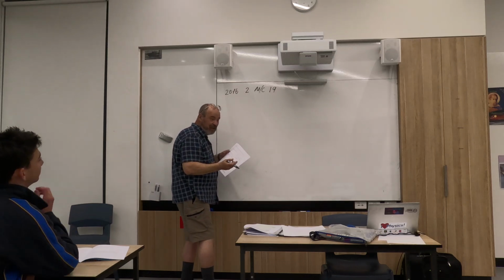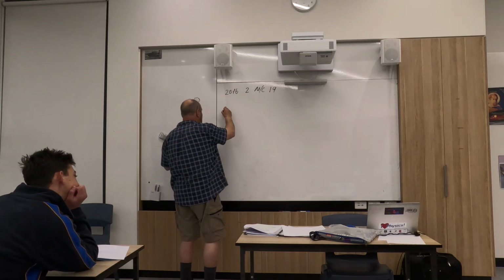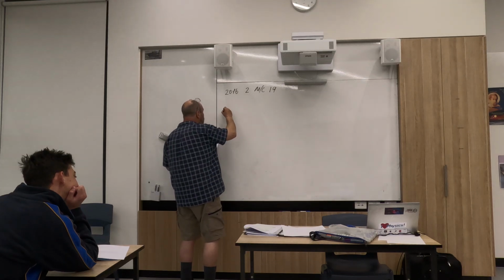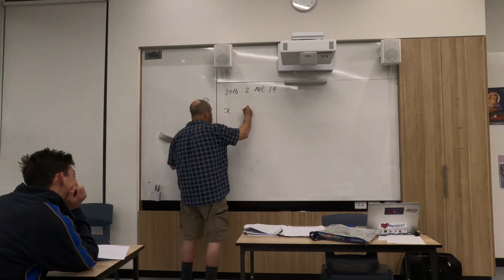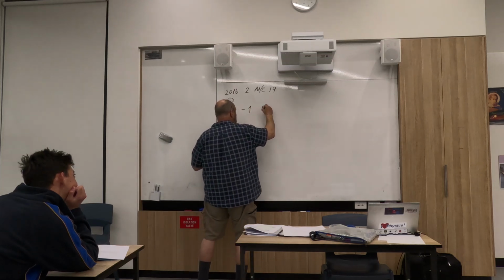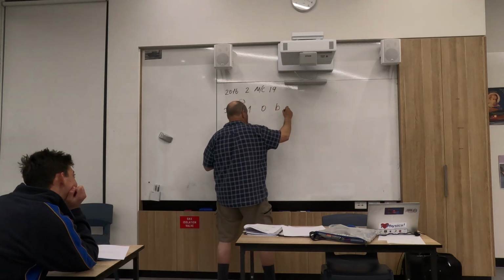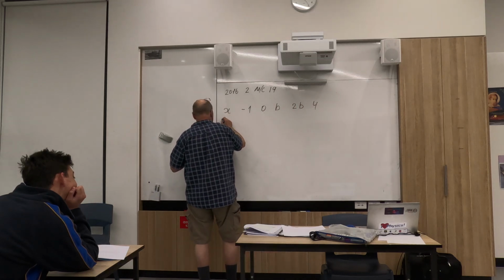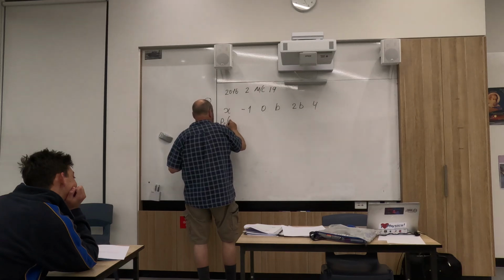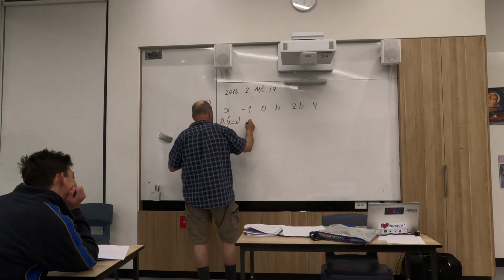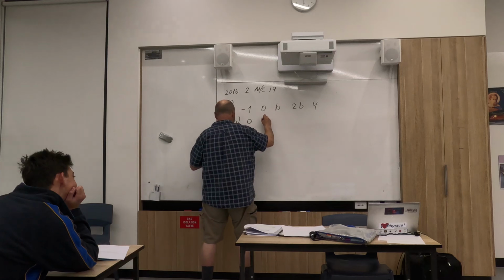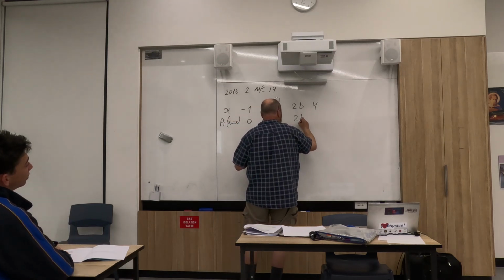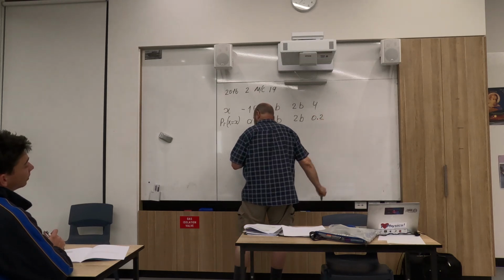So we consider the discrete probability distribution shown: X is -1, 0, b, 2b, 4, and the probability of X equals x is a, b, b, 2b, and 0.2.